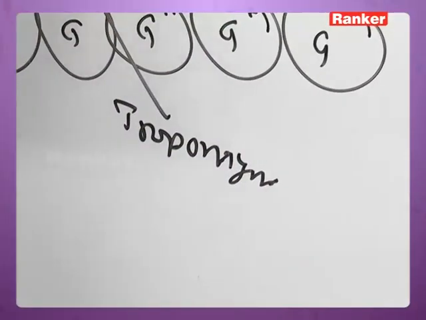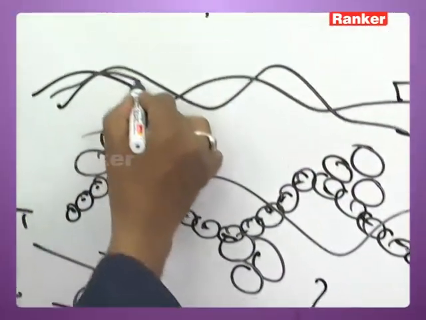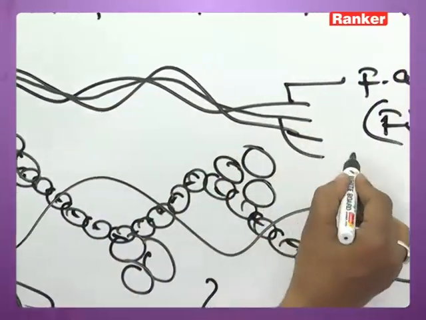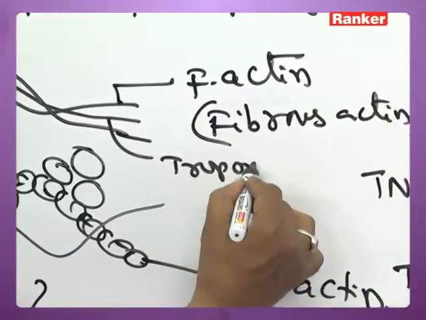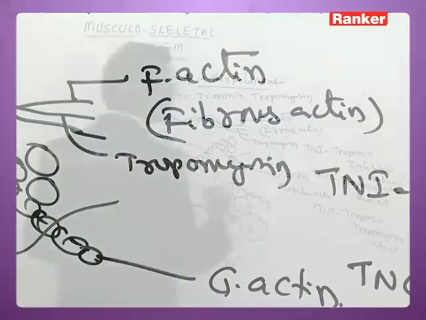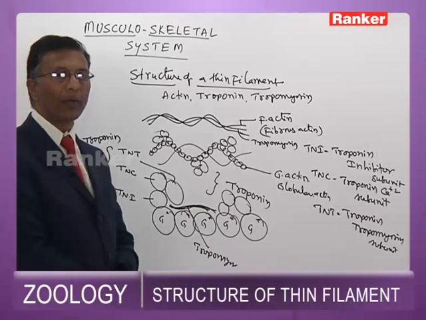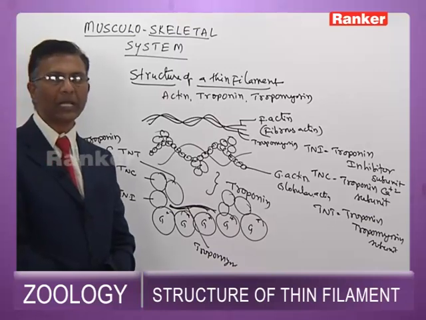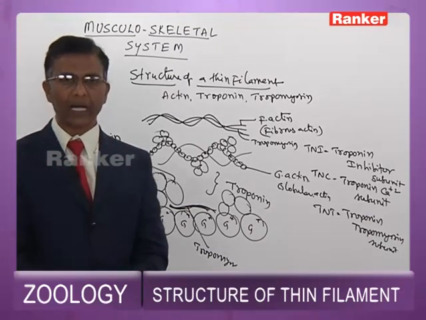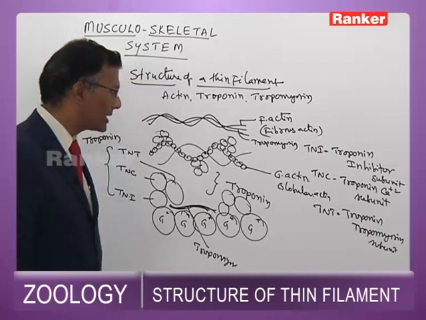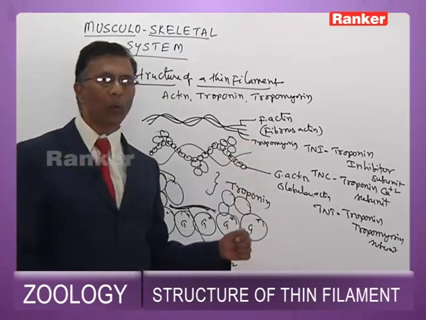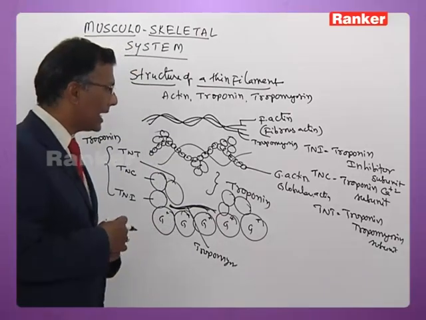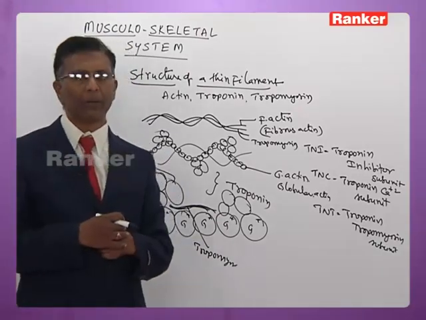If you see this diagram here, there is another protein which lies sandwiched between the grooves of F-actin. This can be called tropomyosin. It is made up of a single polypeptide chain and lies in the groove of two F-actin strands. So the troponin has three units: TNI, troponin inhibitor subunit; TNC, troponin calcium binding subunit; TNT, troponin tropomyosin binding subunit.